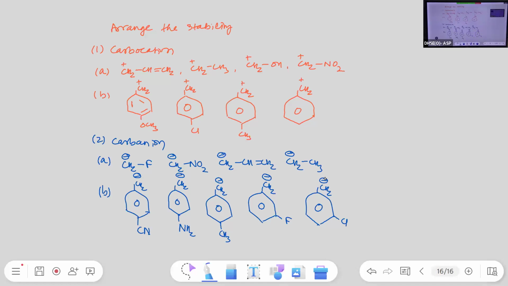Two and sub part two. So in total, 4 questions. Take some time and quickly solve.